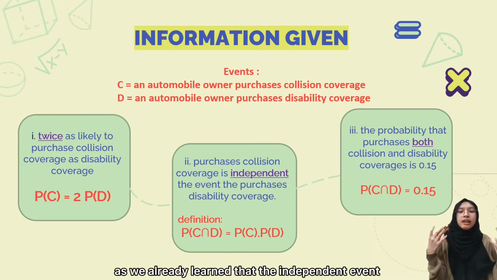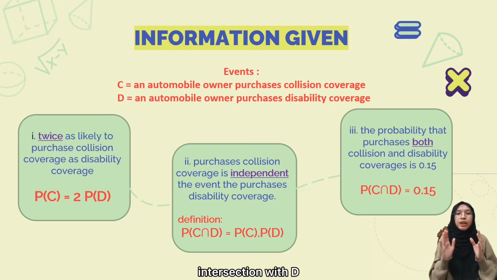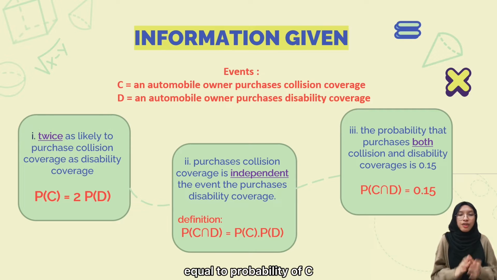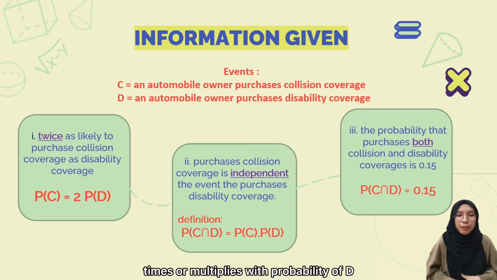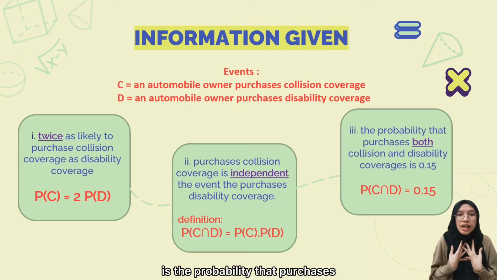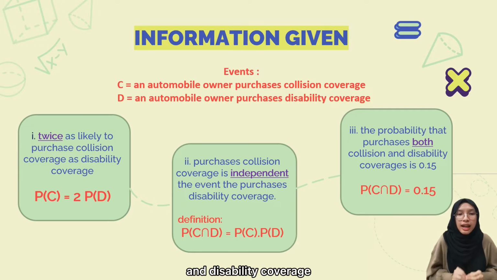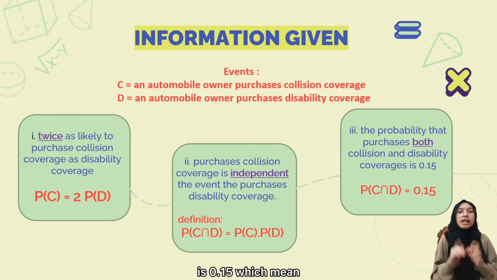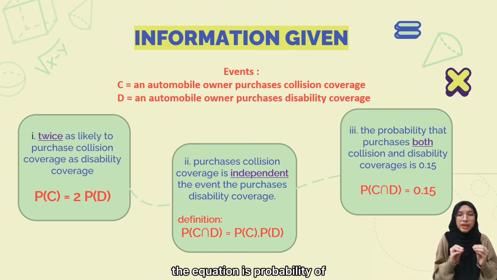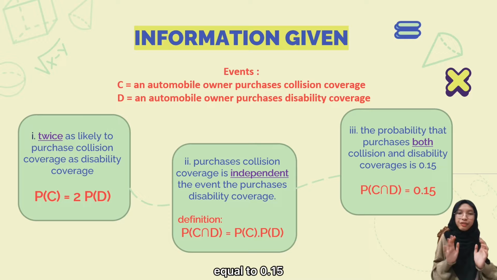As we already learned, independent events mean probability of C intersection D is equal to probability of C times probability of D. For the last information, the probability that an owner purchases both collision and disability coverage is 0.15, which means probability of C intersection D is equal to 0.15.